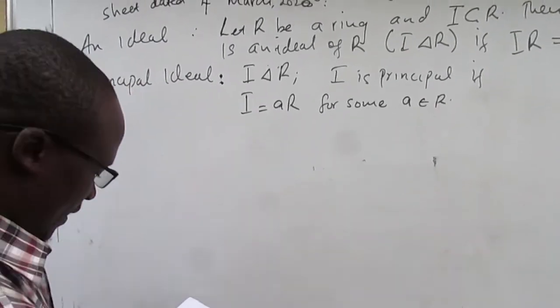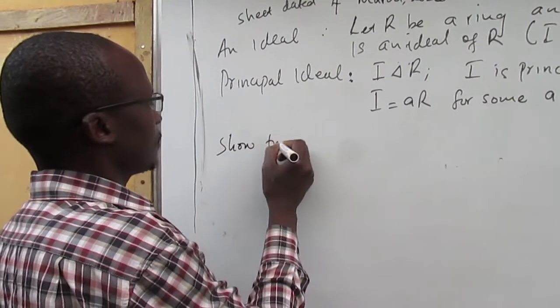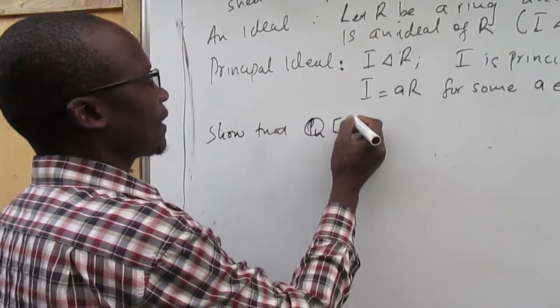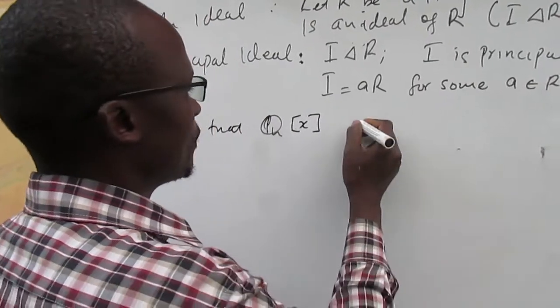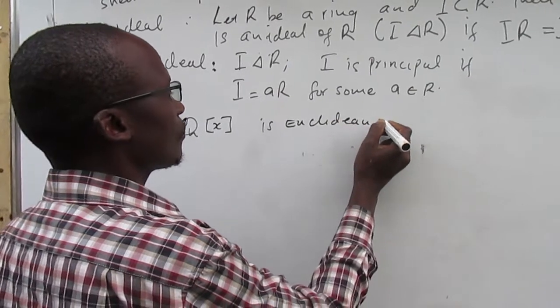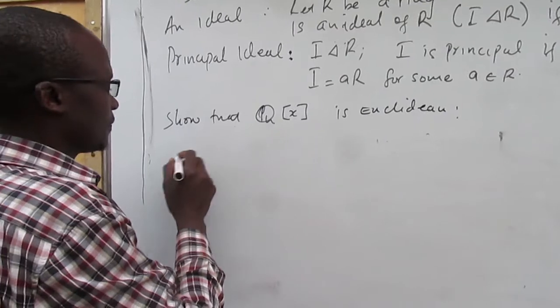So now next, you are supposed to show that the ring of polynomials with rational coefficients is Euclidean. So now these are the things that we're supposed to show.